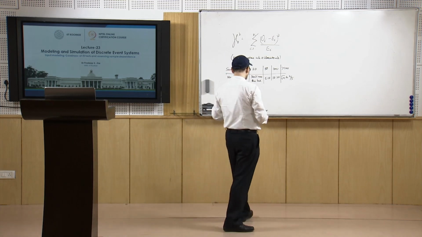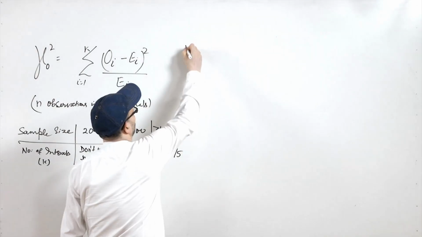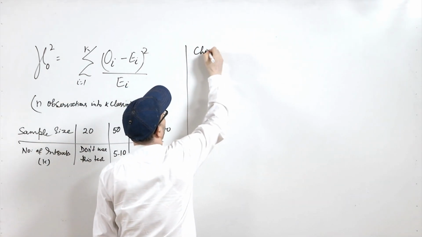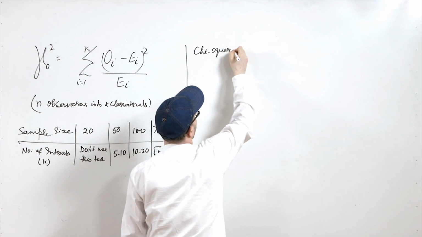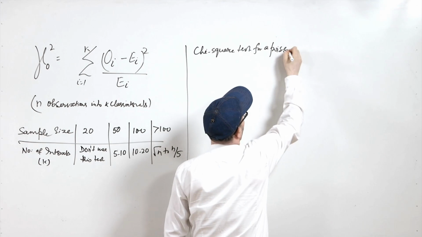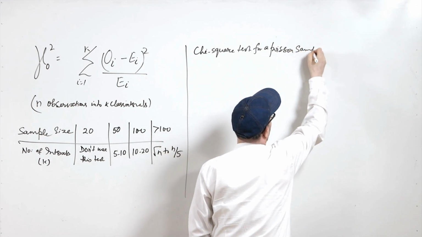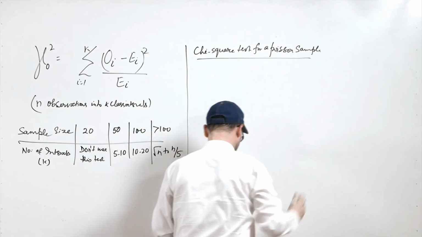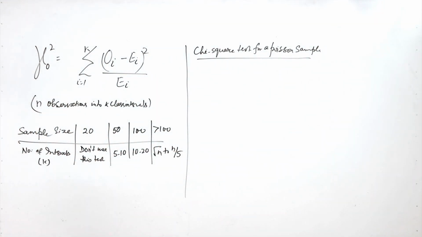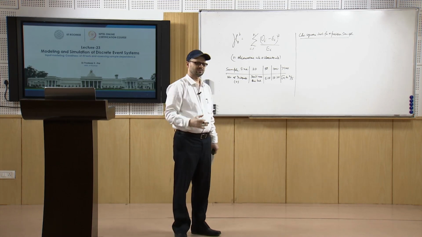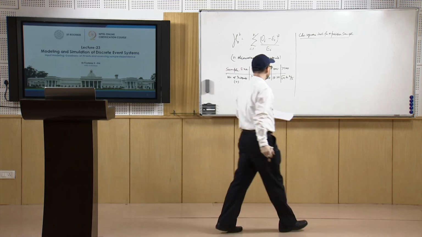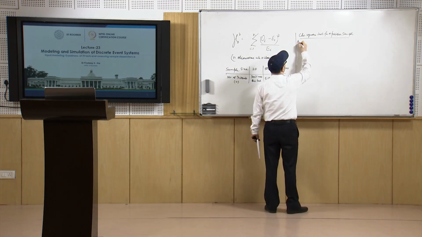Now, let us see how to do the chi-square test for a Poisson sample. We are dealing with the same problem which we have discussed, the number of arrivals and the mean number of arrivals on every day. We had the data, arrivals per day and frequency.